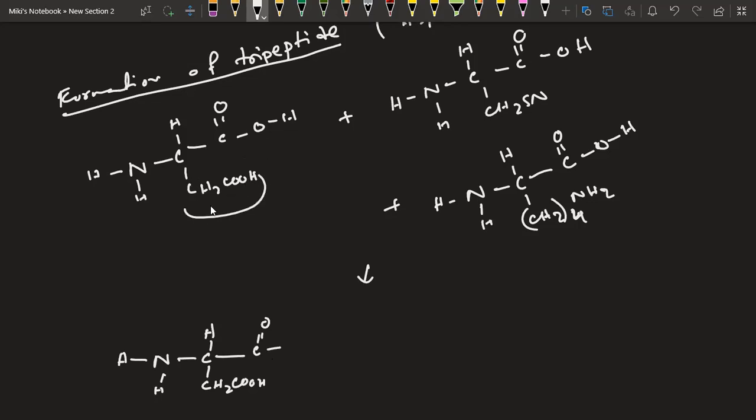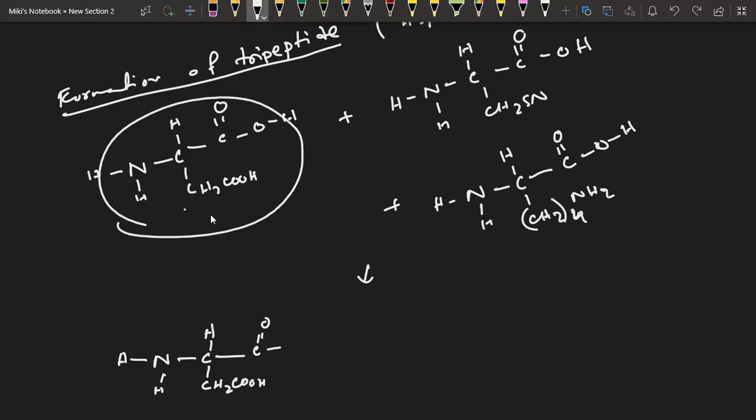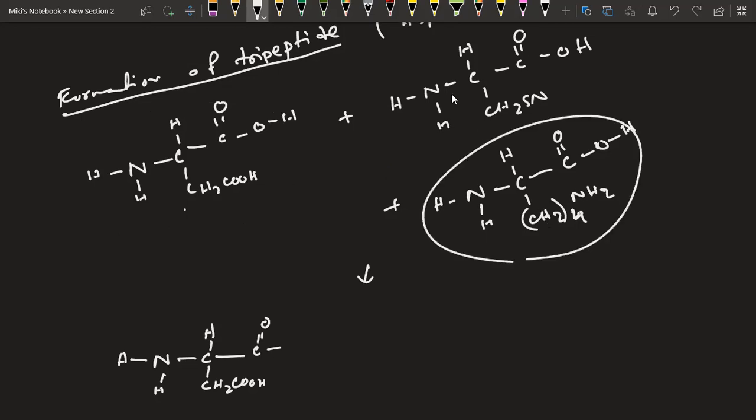Having this part as the R group in the whole amino acid is known as what? This is known as the aspartic acid. This is known as the glycine, and the top one is known as, I forget the name, cysteine. Yeah, cysteine.